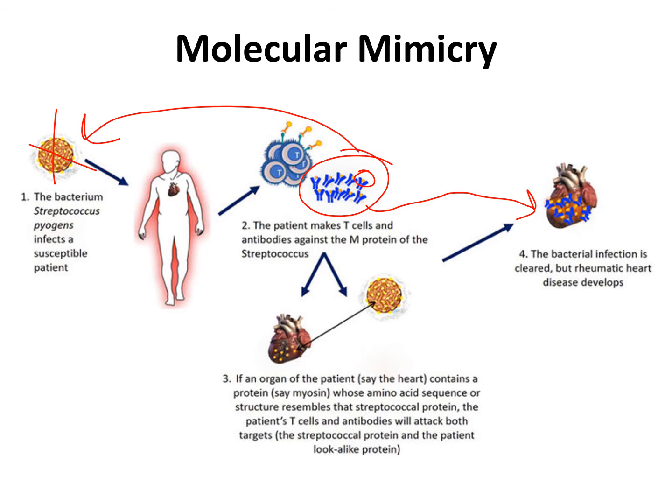So the idea behind molecular mimicry is that the microbe has antigens on it that are similar to self-antigens, and when the infection is gone, those immune components that recognize the foreign antigen will now recognize the self-antigen. So that is the hypothesis that they're investigating right now that can trigger an autoimmune disorder.